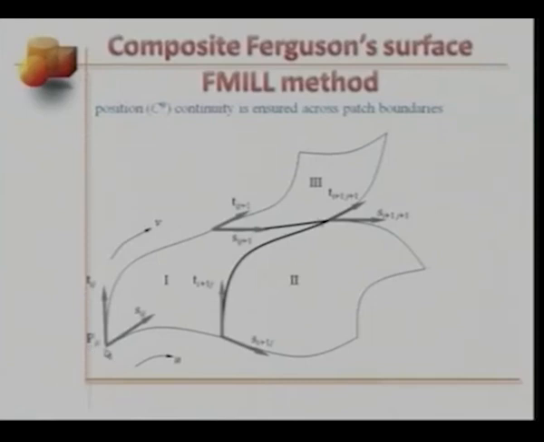This point here is Pij, this here is Pi plus 1 j, this here is Pi plus 2 j, this corner point is Pi j plus 1, this one is Pi plus 1 j plus 1, Pi plus 2 j plus 1, Pi j plus 2, and this point here is Pi plus 1 j plus 2.